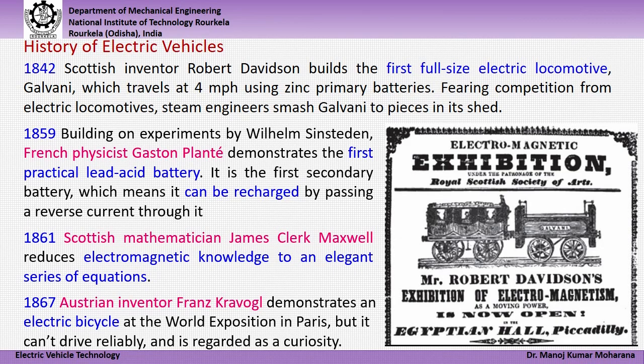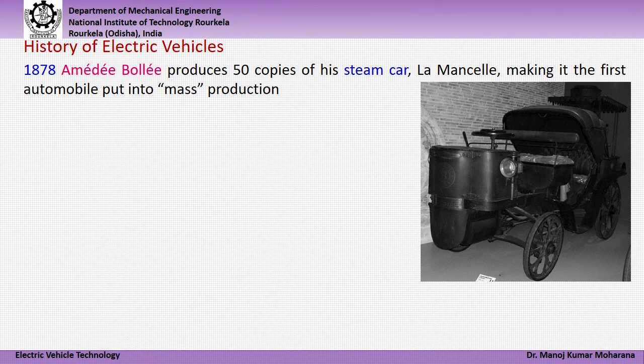But it created curiosity among people about using electricity as the source of energy to drive a vehicle, which we can say ignited the minds of people for developing electric vehicles. In the year 1878, Amédée Bollée produced around 50 pieces of his steam car, making it the first automobile to be mass produced.